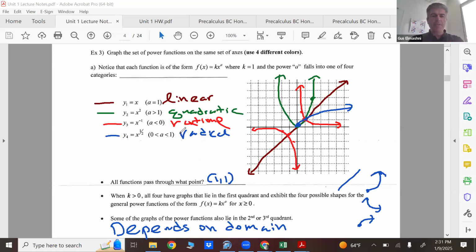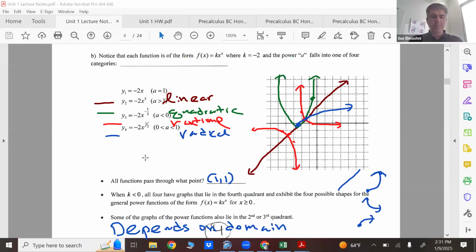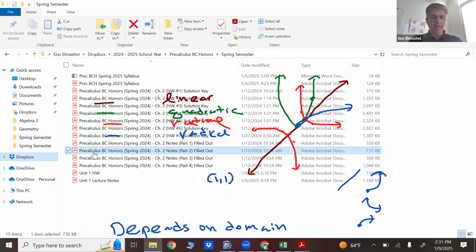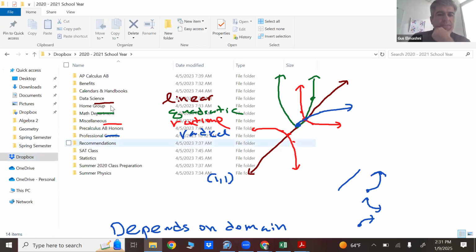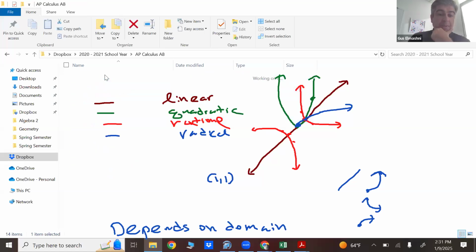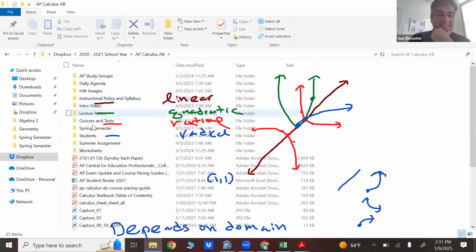Okay. So let's do this. Before we do the bottom of these notes, I really need to look at my AP calculus stuff. Give me a sec here. You are going to do AP calculus in the spring with me. I'm going to use my AP calculus notes, guys.